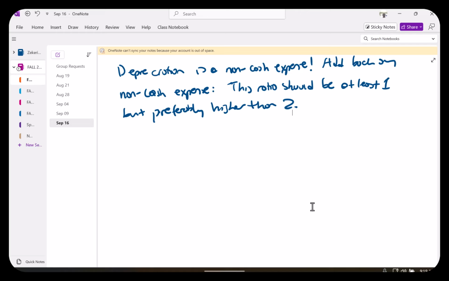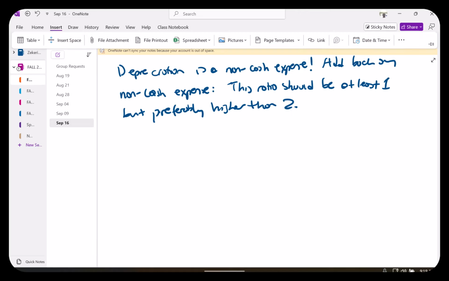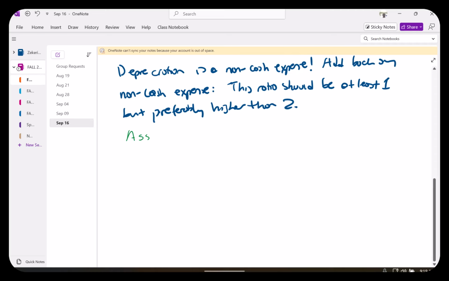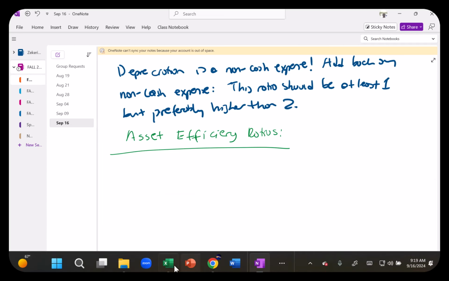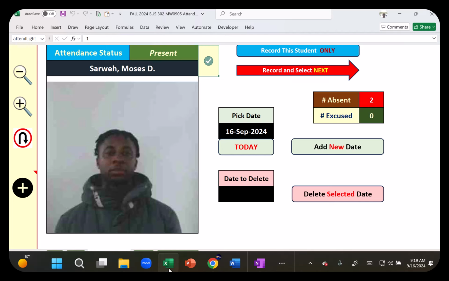Now let's talk about these ratios. Let's download financial statements of Kroger, and I may already have that.